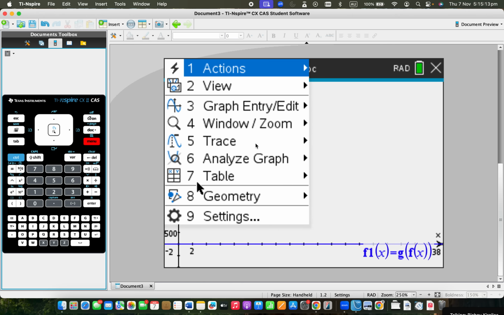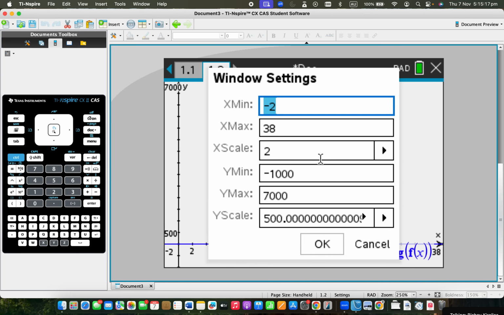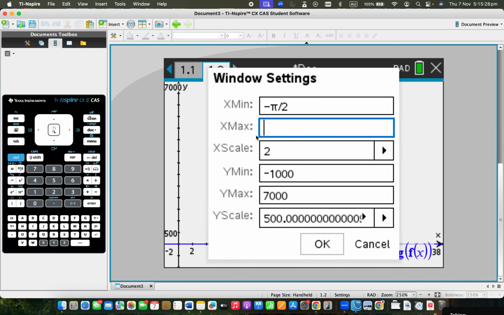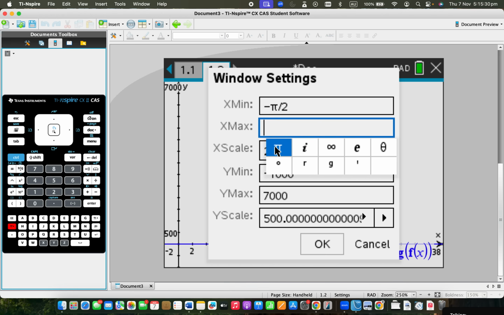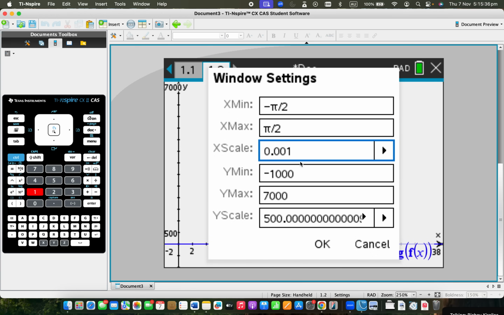Then we can do a zoom window setting from negative pi over 2 to pi over 2. The x scale can just be whatever, 0.001 or 0.01.